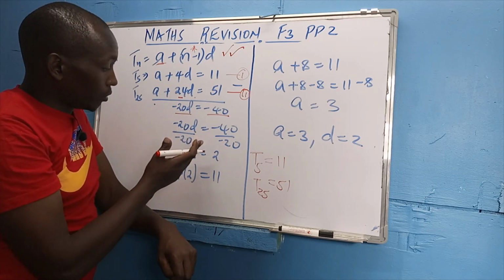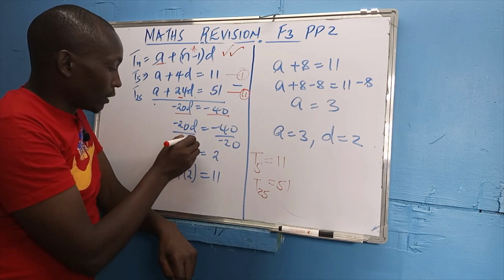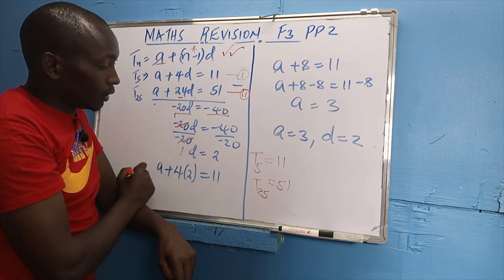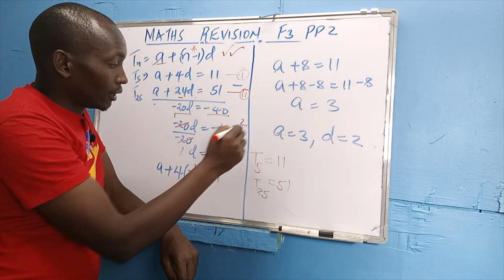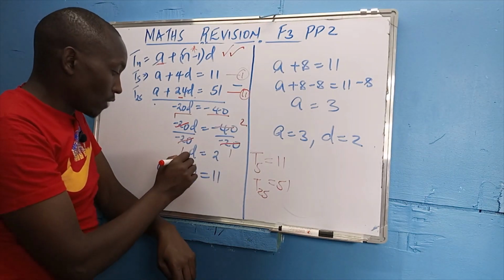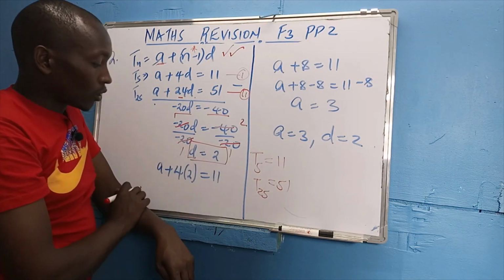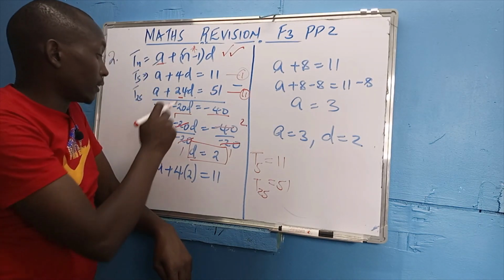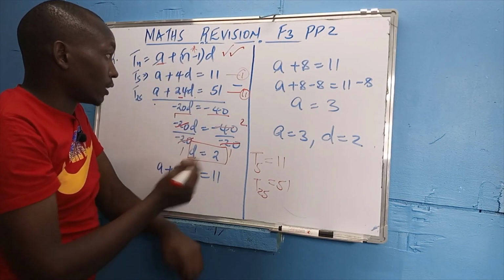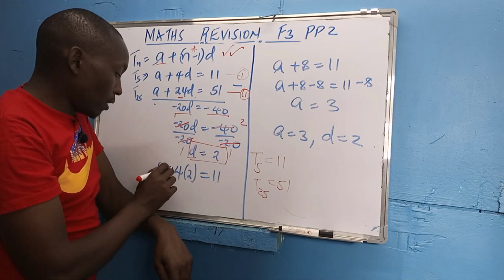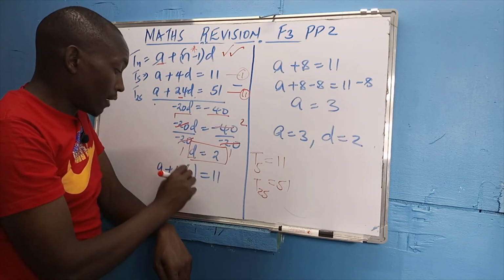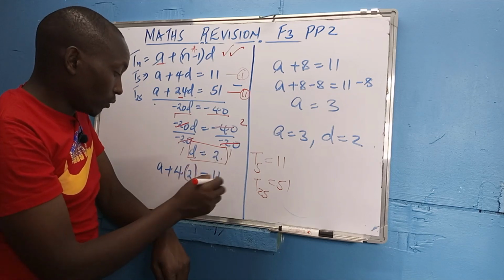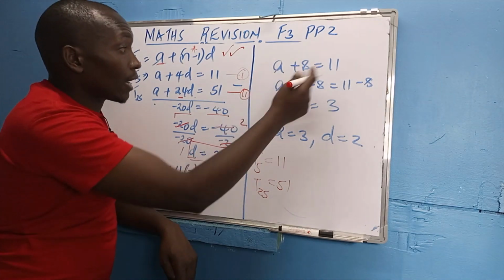Then I want to remain with d. So I will just divide by negative 20 here. Divided by negative 20, I'll get 2. So the value of d is 2. For me to get the value of a, I'll just substitute d in, for instance, in the first equation. So a plus 4d, now I know my d is 2, equals 11.